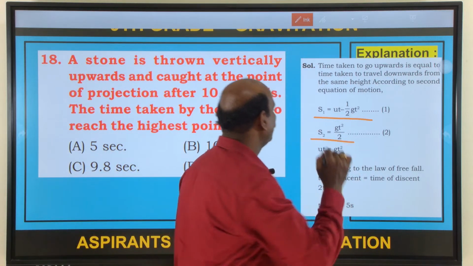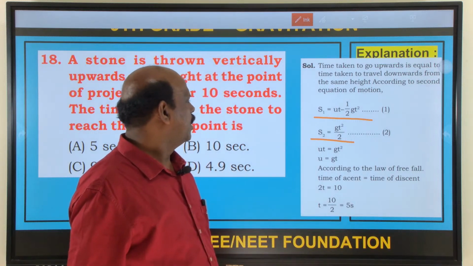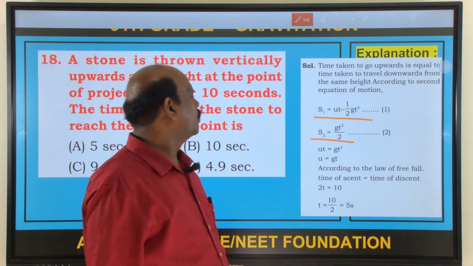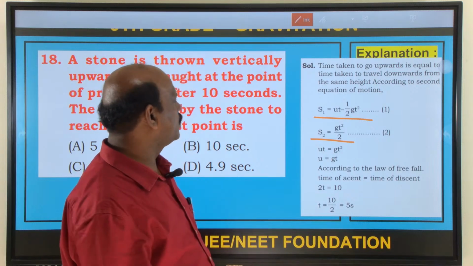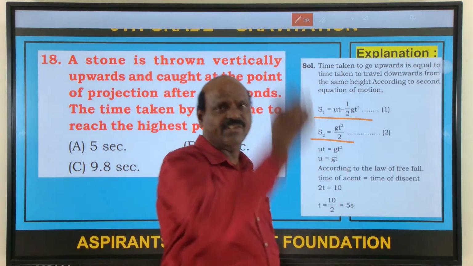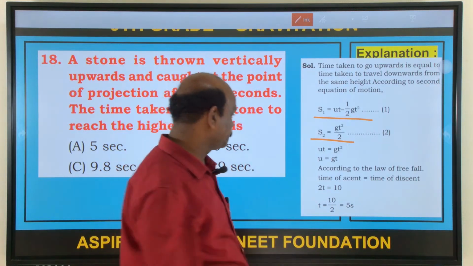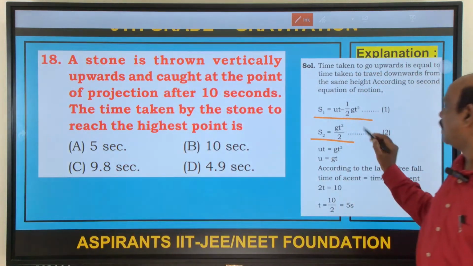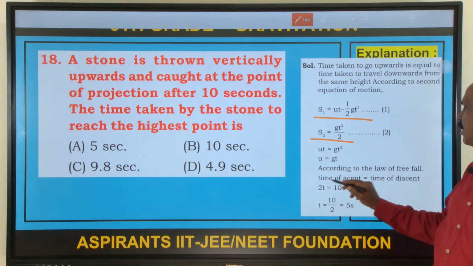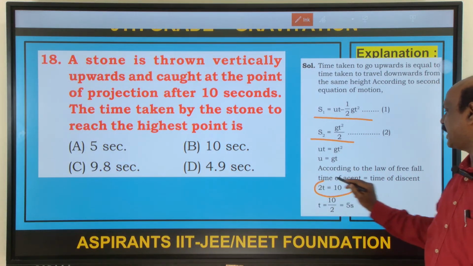And when it is falling freely, S is equal to half g t squared, because the initial velocity is 0. Considering these two, the total time is 10 seconds.